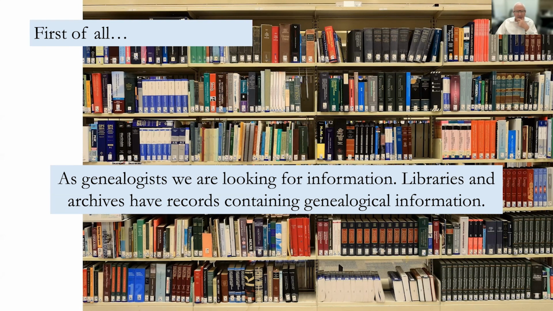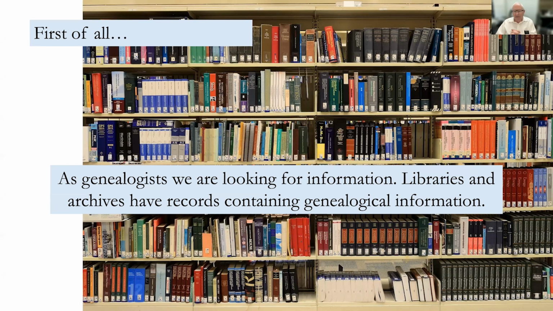And that information and other types of archive materials, such as journals, Bibles, letters, manuscripts, all kinds of different things, are contained in these libraries and archives. So there's a direct relationship between the information we want as genealogists and the information these libraries and archives have.